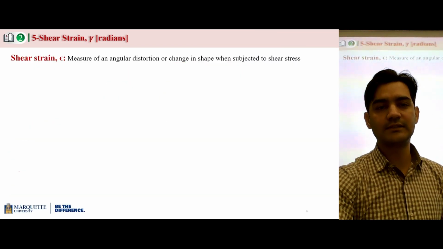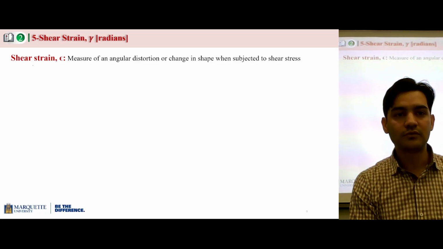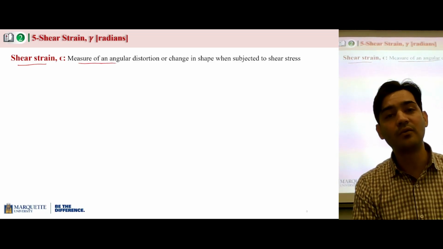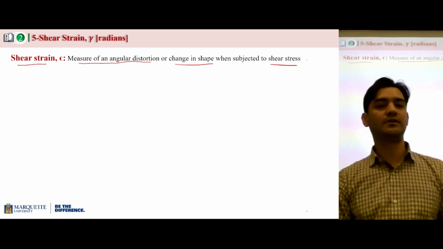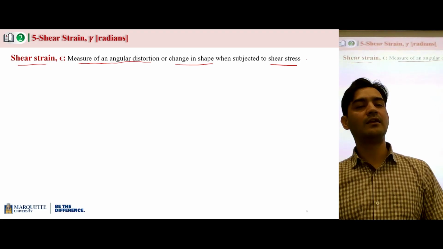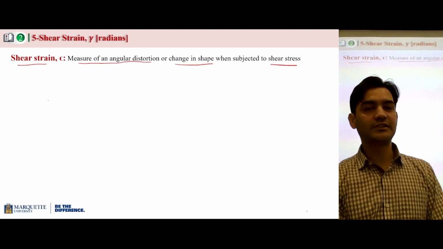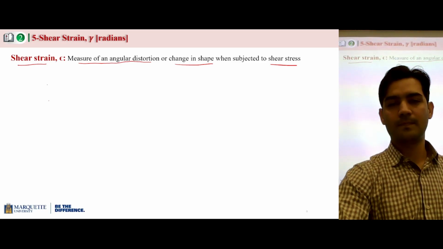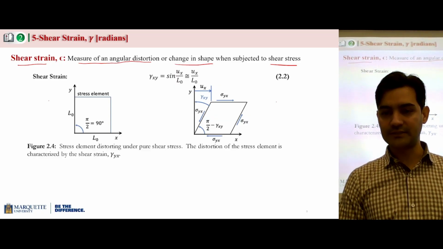And we can visualize this by using a stress element. So what is a shear strain? So shear strain is basically a measure of angular distortion or change in shape when subjected to shear stress. So normal strain causes elongation, but shear strain will cause angular distortion. And you can visualize this by using a stress element.